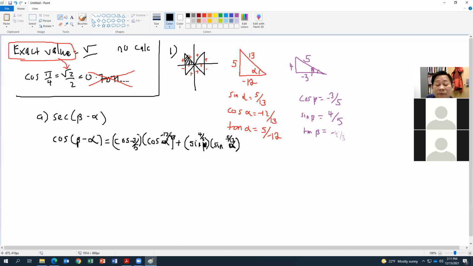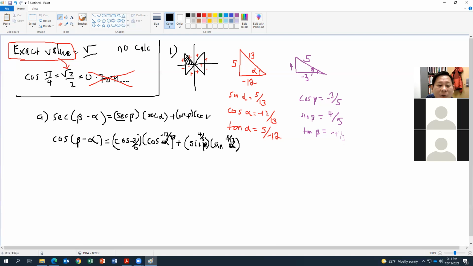Students make a mistake in my final test here: they change all my alpha and beta to whatever value here. And I also got students who use this: oh, secant is cos, so this will be secant beta times secant alpha plus, or sine will be cosecant beta and cosecant alpha.